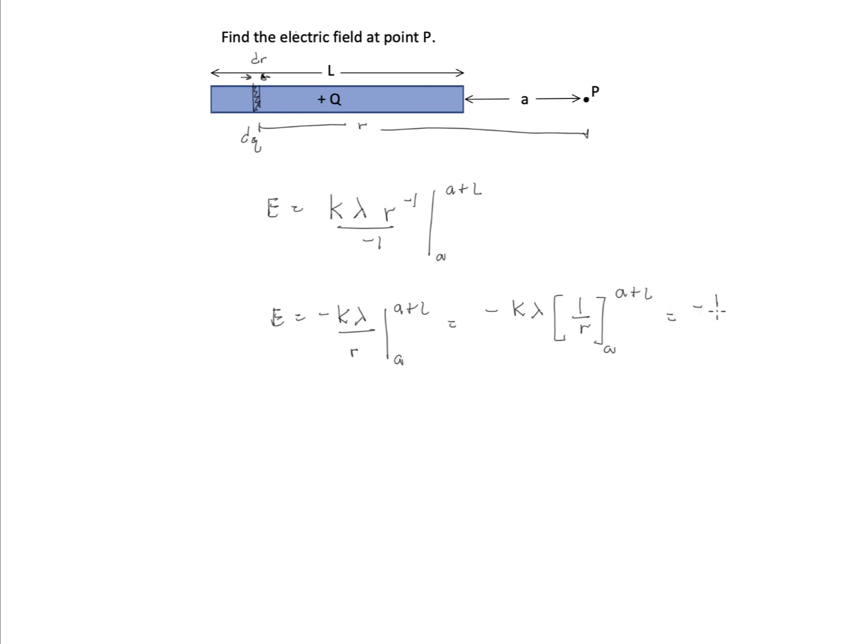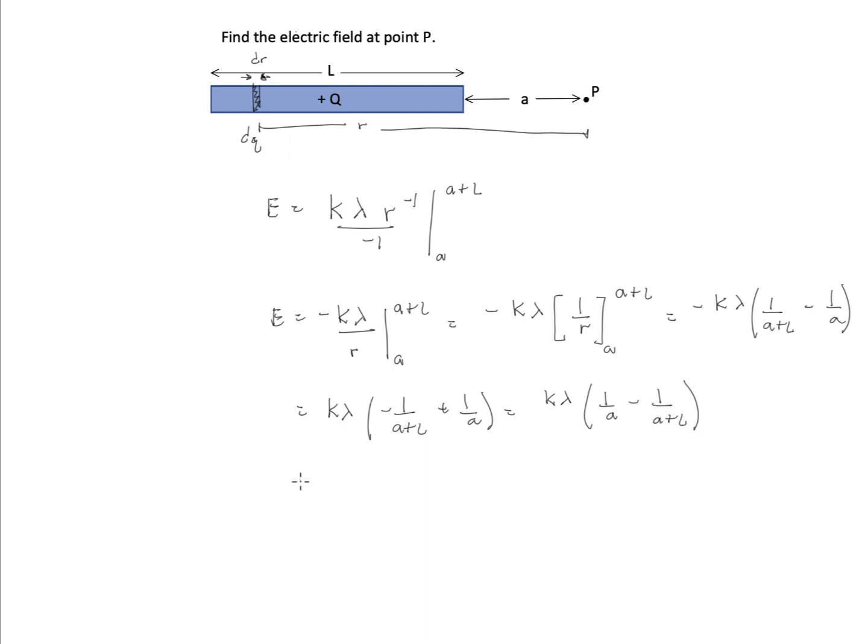So that would be minus k lambda times 1 over a plus l minus 1 over a. I'm going to distribute this negative sign out. So this now becomes k lambda times minus 1 over a plus l plus 1 over a, which is k lambda times 1 over a minus 1 over a plus l.